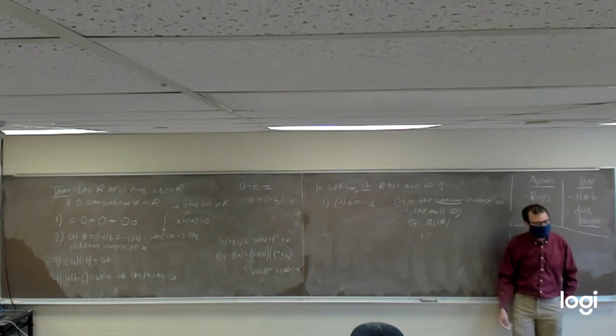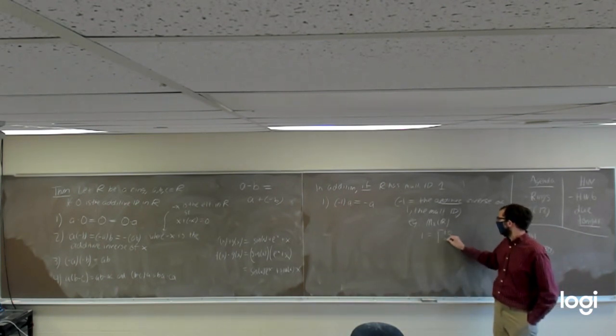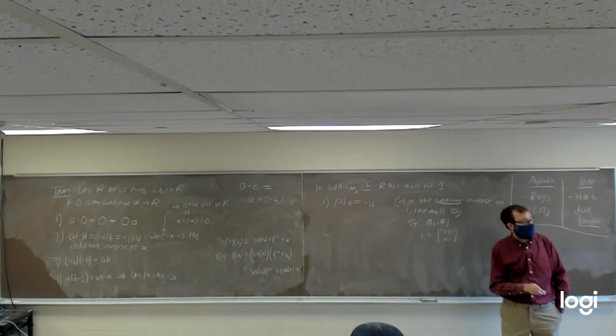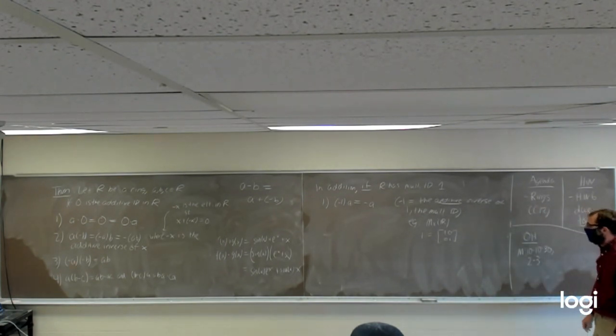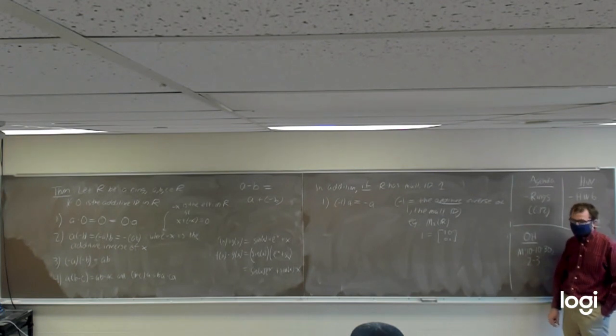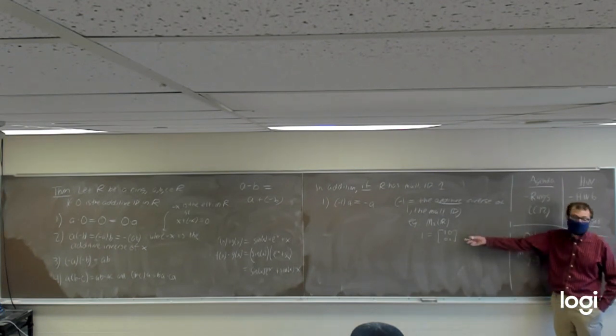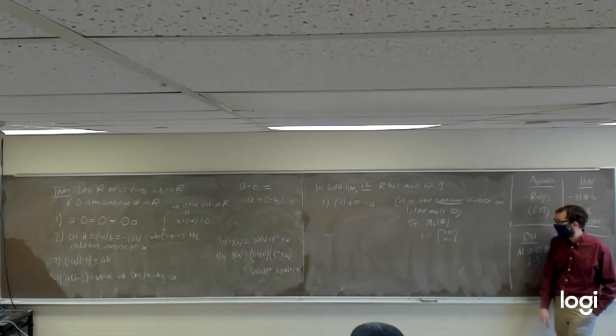The identity matrix. So 1 here is just going to be the matrix 1, 0, 0, 1, because that's the matrix you can multiply by anything else and get back that other thing.